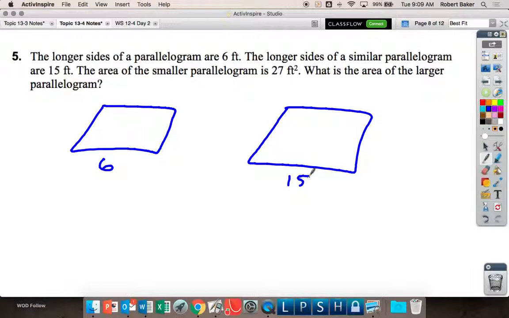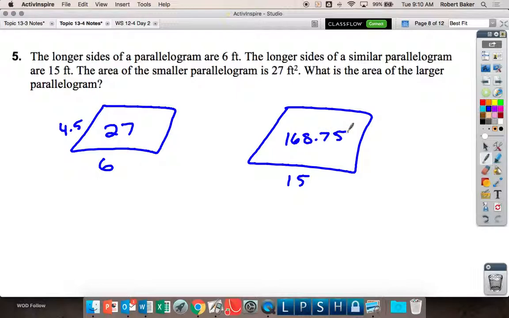Let's see. You can backward solve 27 divided by 6. This is 4.5. This will give you an area of 27. So if you backward solve, you get 27. And what we get? 168.